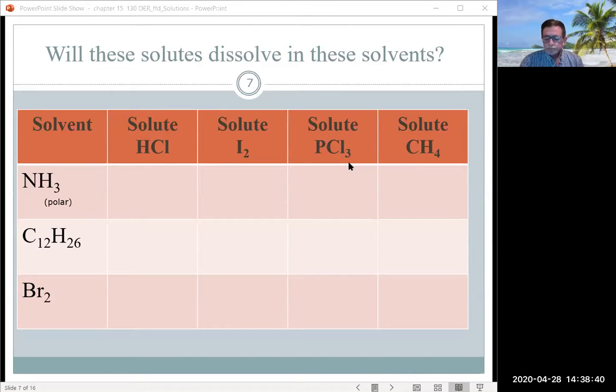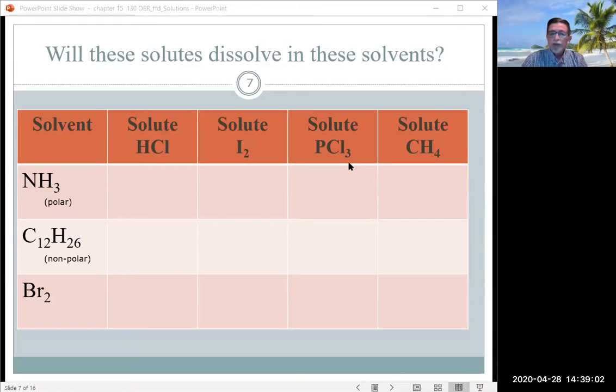C12H26, like I said, we may not know what it is, but we recognize that we have nothing but carbon and hydrogen there, hence a hydrocarbon. And recall that a carbon-hydrogen bond is nonpolar. Therefore, this species, regardless of what it is chemically, is nonpolar.